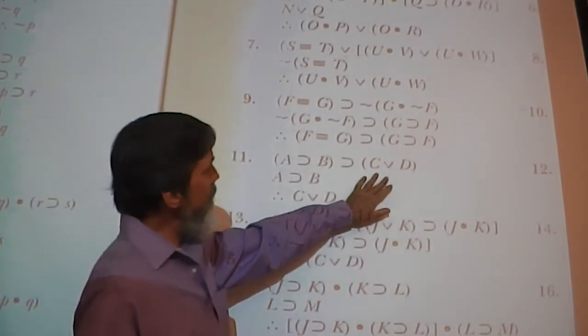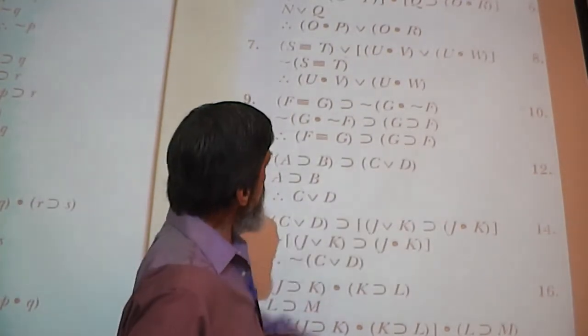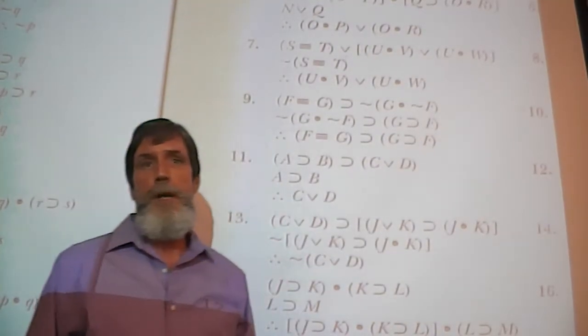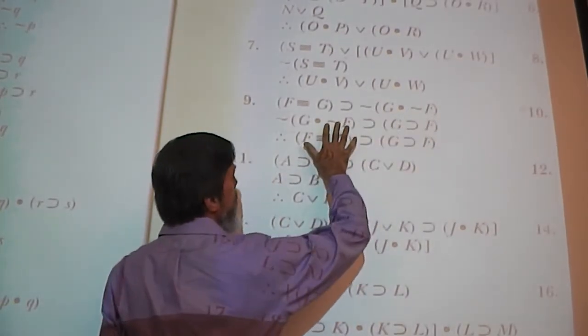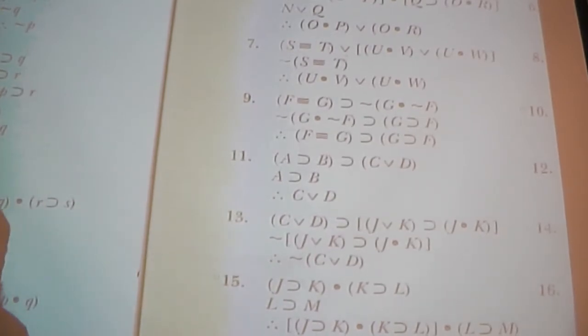And the consequent of the conclusion is the same as the consequent of the second premise. And those are the same components. So we're describing hypothetical syllogism. I think we already noted that number 11 is modus ponens.